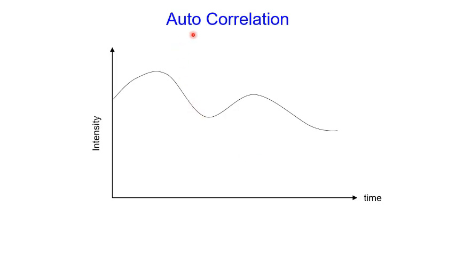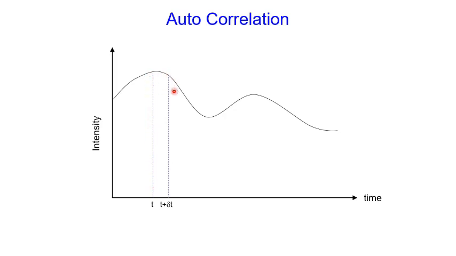Now, the autocorrelation is derived on the basis of comparing this signal at a particular time t with the signal after a time interval delta t. Okay. So if you compare the signal intensity after a particular time interval delta t with the original signal at time t, then you would be looking at how the signal at time t plus delta t compares with the original signal at t. Okay.